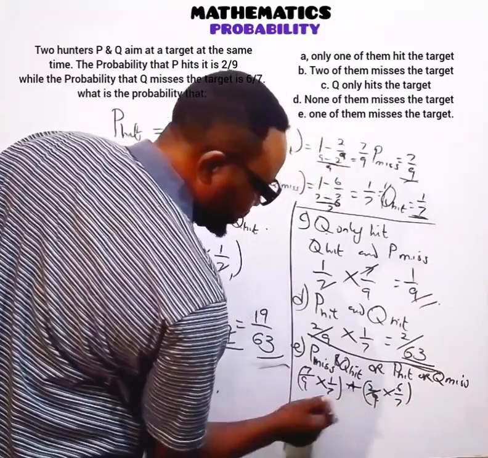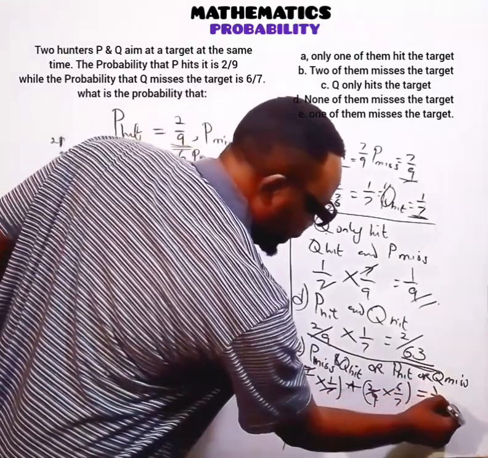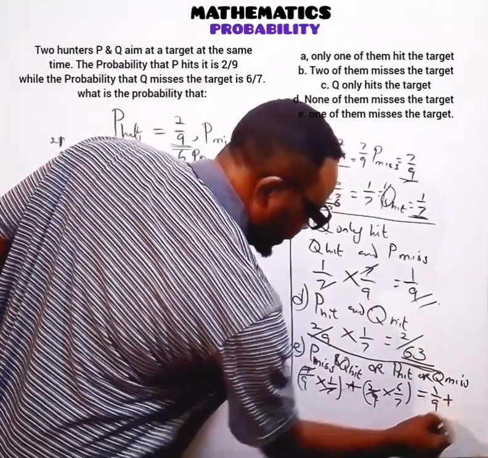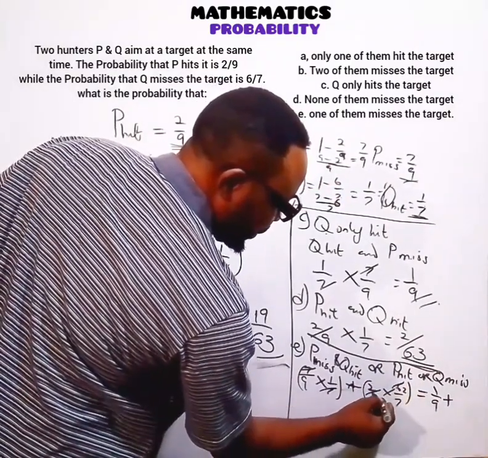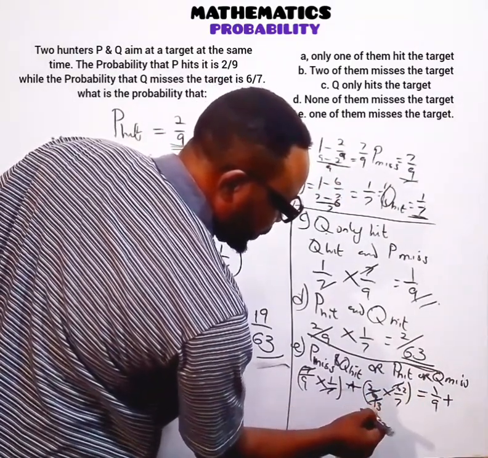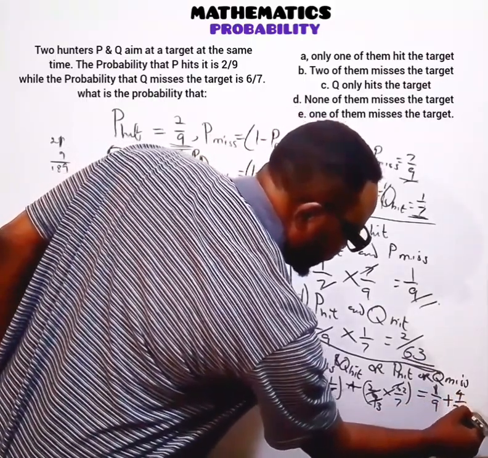So this will become 1 over 9 plus 4 over 21, after cancelling 3 here and 3 here.